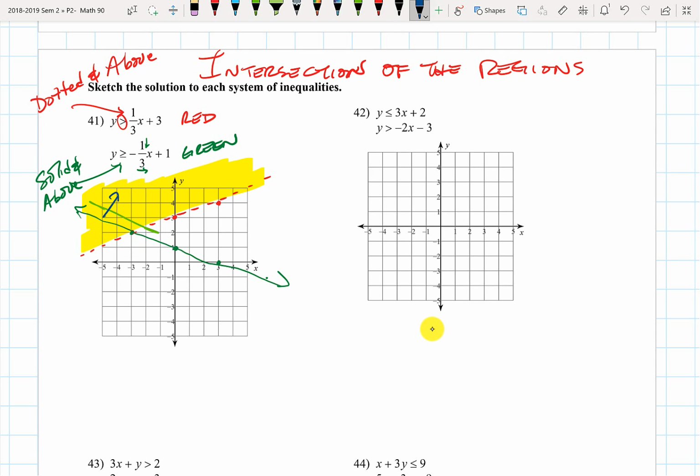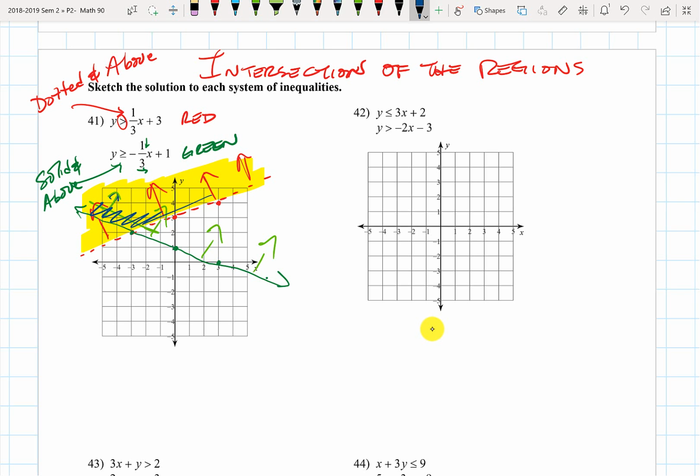So go up here. So green is above. And then the one in red, this was above too, this way. And it's where they overlap, okay? Where does the green overlap the red? Okay? And that happens above this dotted boundary line here, and it's above both lines.